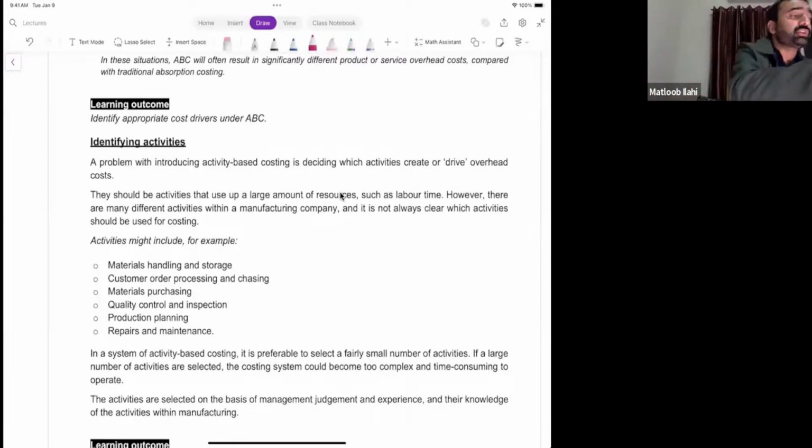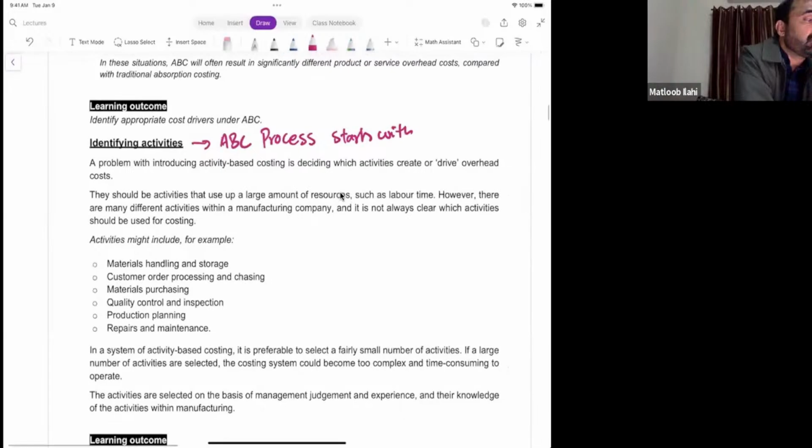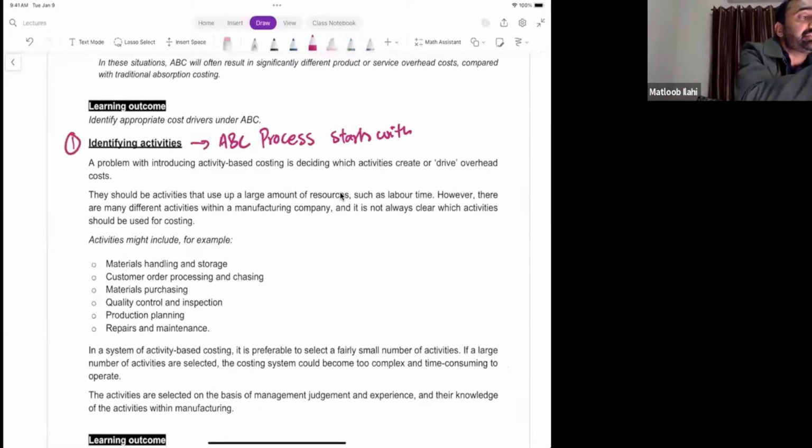The ABC process starts with number one, identify activities of the organization. First of all, you need to identify what are the major activities.